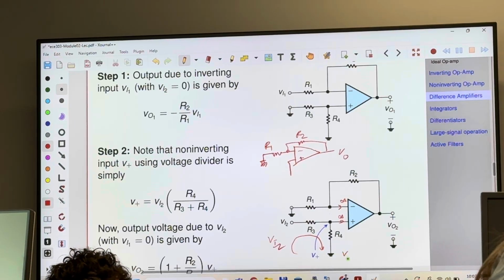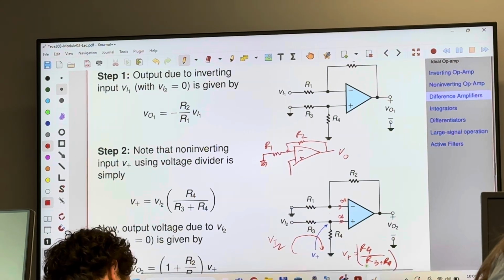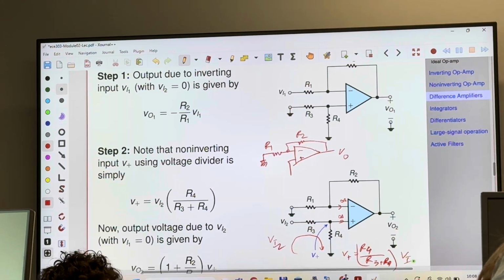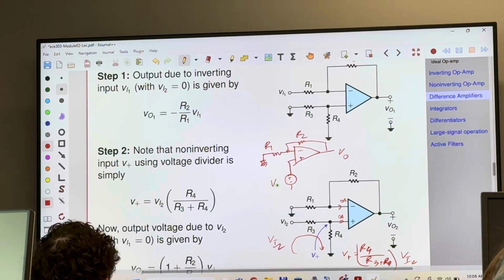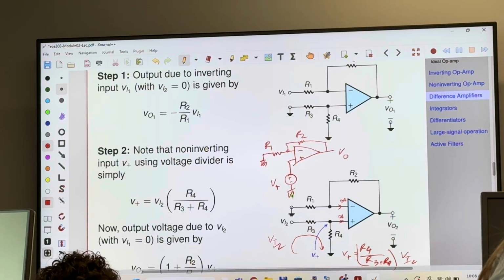This V plus is simply R4 over R3 plus R4 times Vi2. Now we have the voltage at this point, so we can simply replace this with V positive.